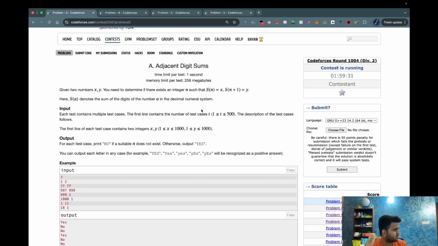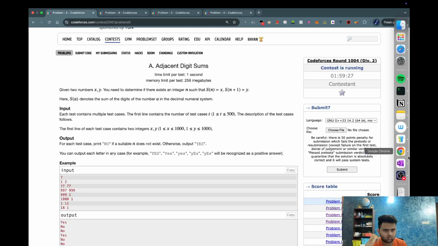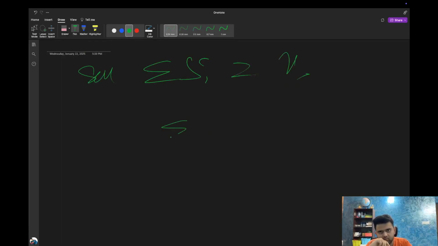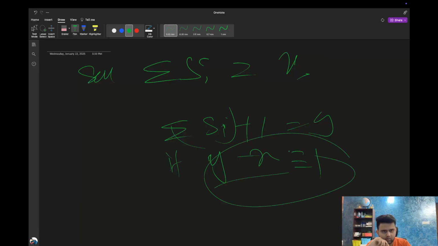So y can either change by 1 or say sigma si is equal to x, sigma of si plus 1, which I can multiply if y minus x is equal to 1, possible.